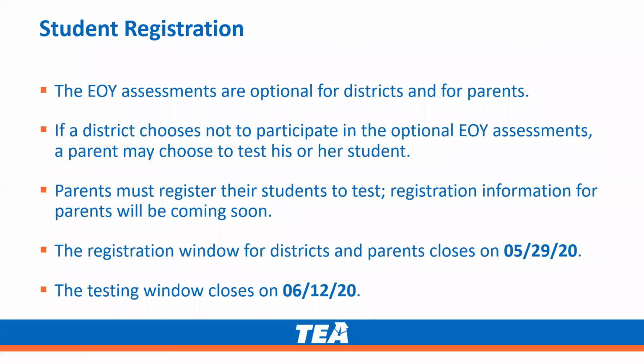So we will have some information forthcoming that will explain how parents will be able to register their students to test if you're a district that chooses not to participate. And we will have the registration window for districts and parents available, and that will close on May 29th. And the testing window will close on Friday, June 12th, 2020.